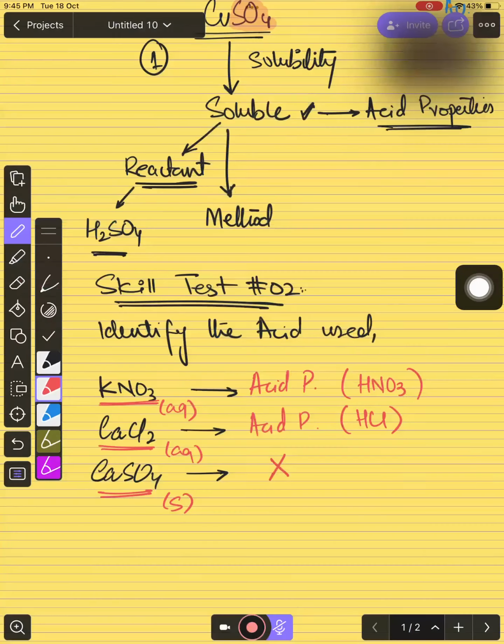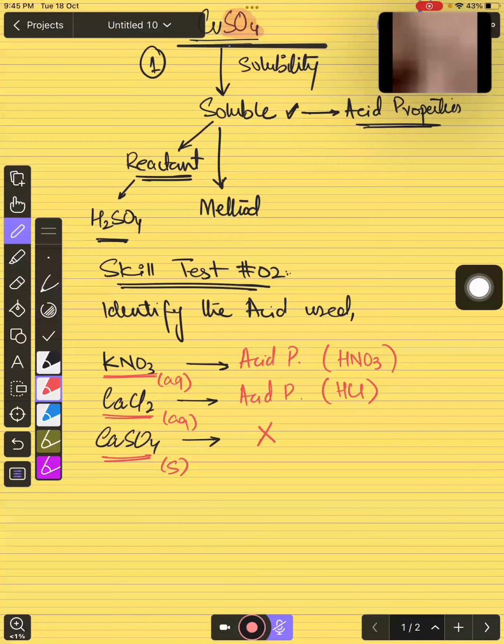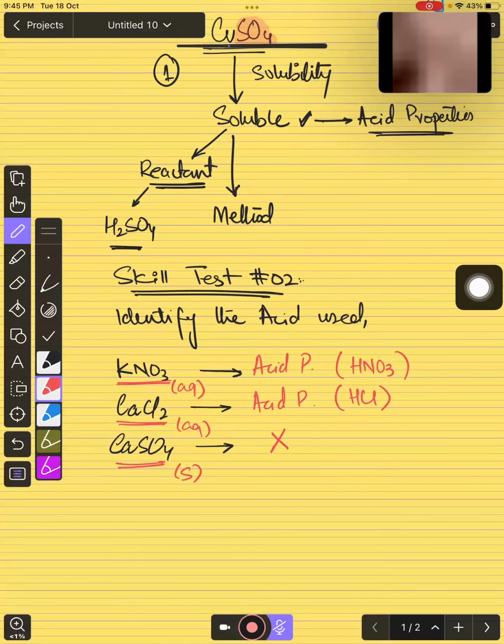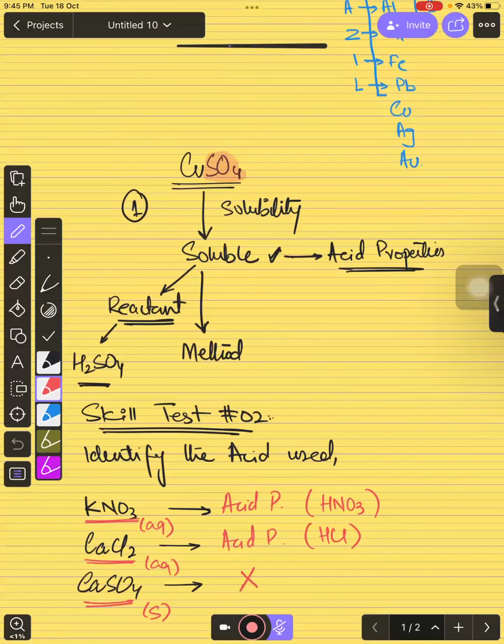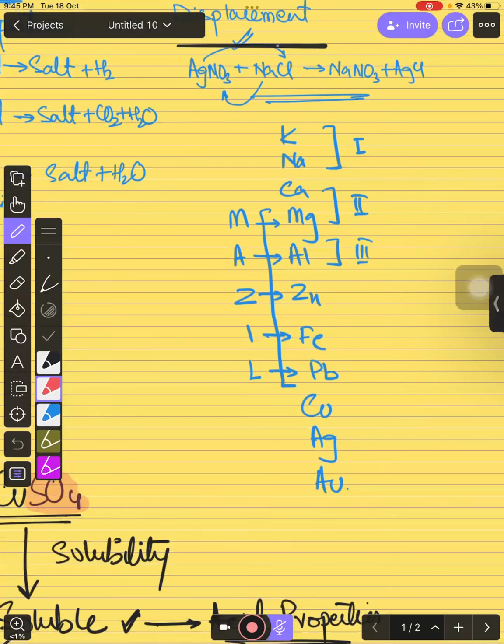Okay, so bachcho, once we are able to find out one of the reactants, then we can move towards the next thing. We need to find out the second reactant as well. For this, just come up with the reactivity series again.